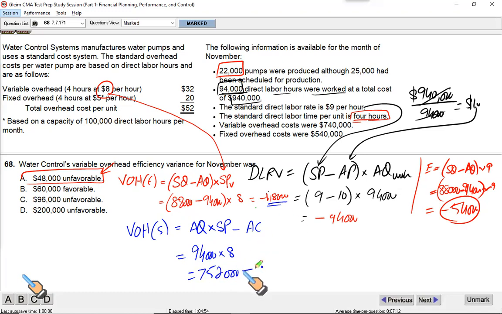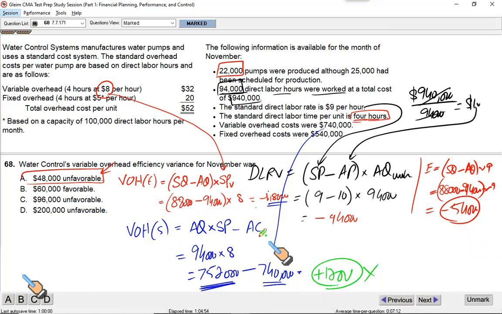But our actual variable overhead was 740,000. Our spending should have been 752,000, but we spent less, which means we saved 12,000. So this 12,000 is favorable. That is not needed here. Right now we just need the variable overhead efficiency variance, and that is given as 48.